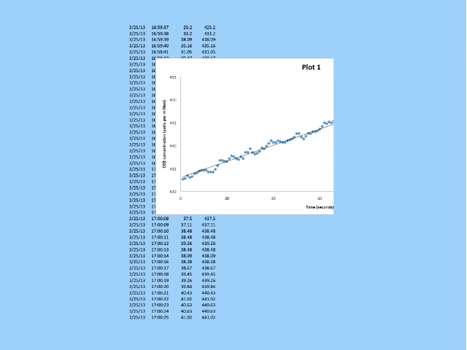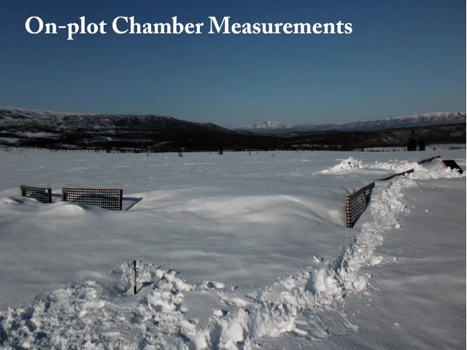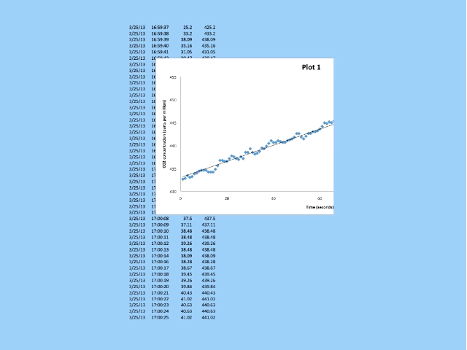And here's a graph of some of the data collected from that site, I think towards the end of March. You can see on the vertical axis we have carbon dioxide concentration, and on the horizontal x-axis, time.